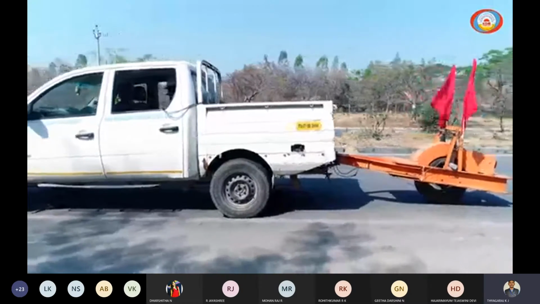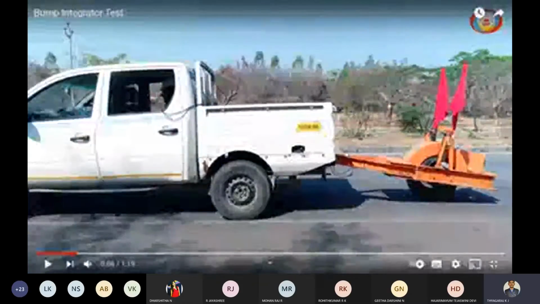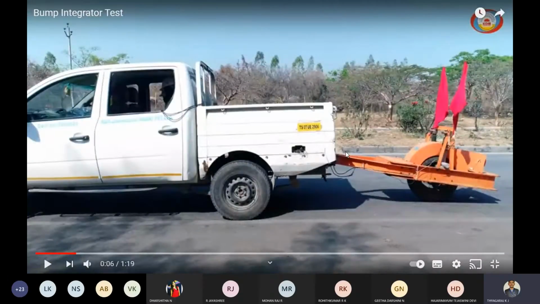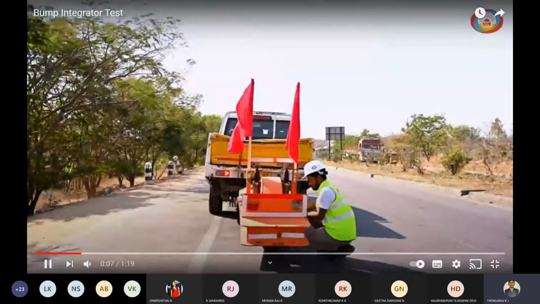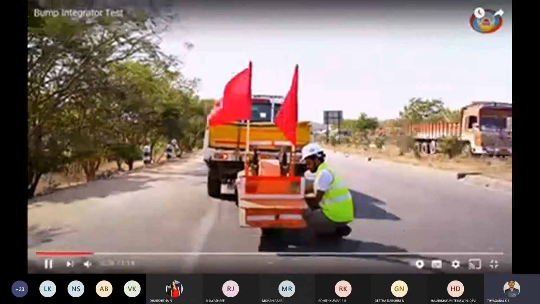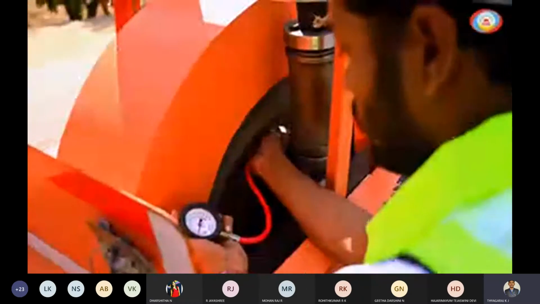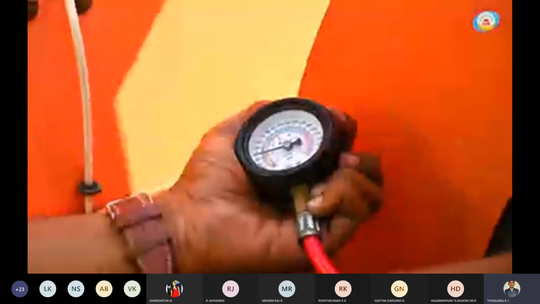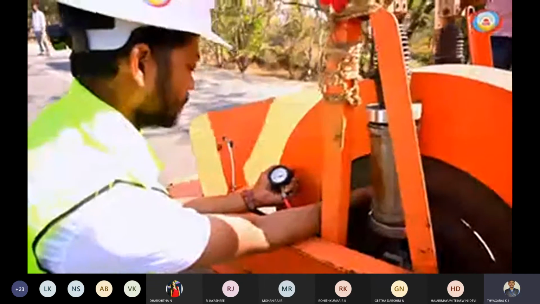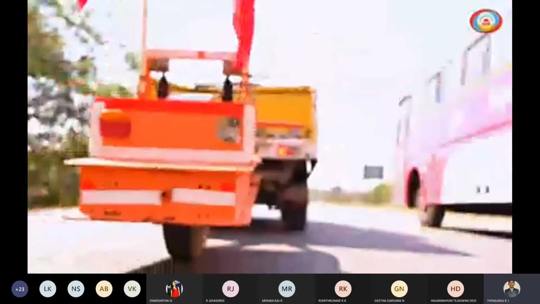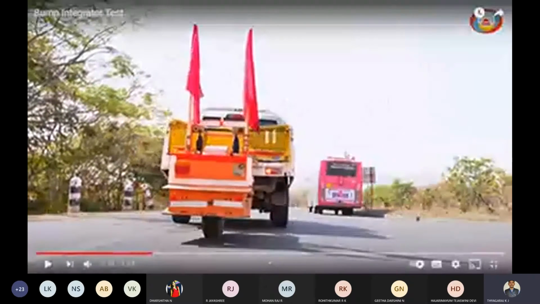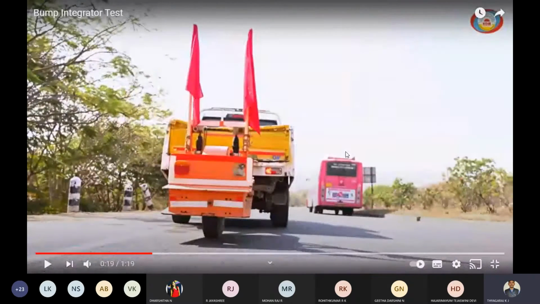So you can observe how it will be. You can see it is attached to a moving vehicle, a standard vehicle called a jeep. For that jeep you are going to attach the fifth wheel. That's why it is called fifth wheel. You have to place the sensor and check the tire pressure, and you are going to tow along the wheel path.